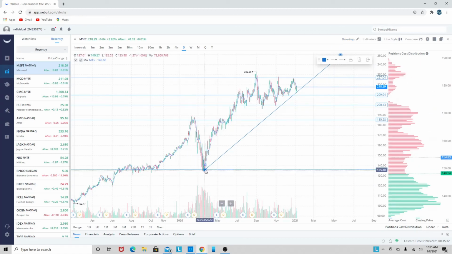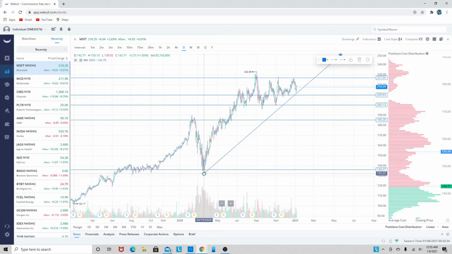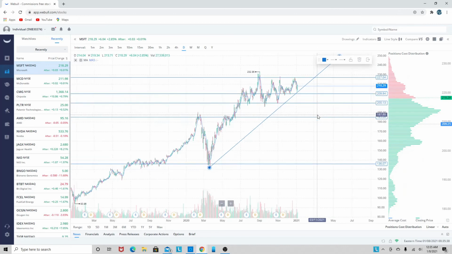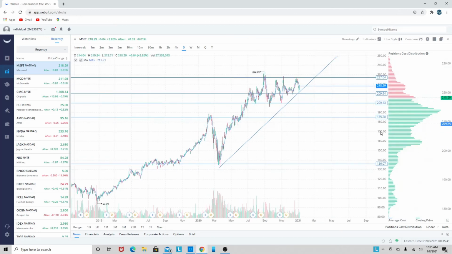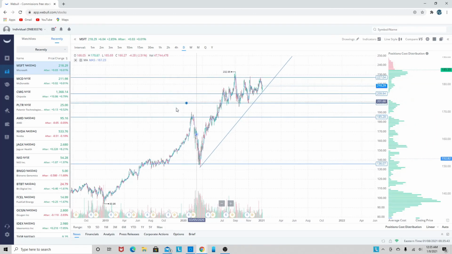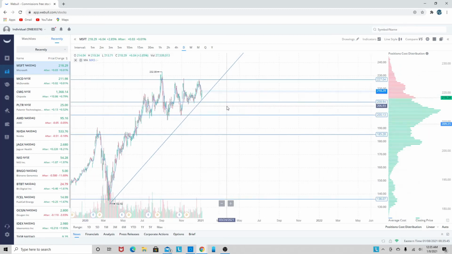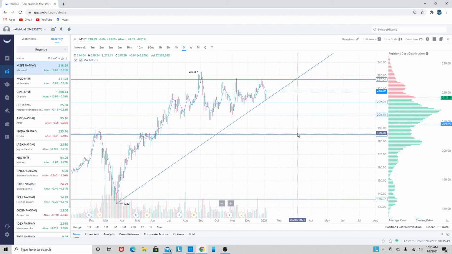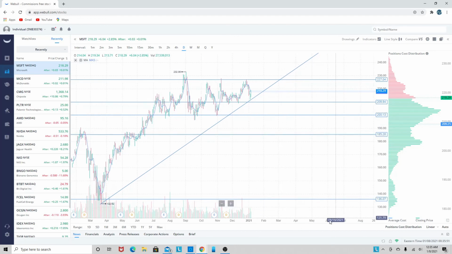So you see how I got my low here, I'll connect it down here, and then I'll connect my low at the upper candle, and that'll give me my trend line. So that's how you do a trend line right there. And that's the expectation of the stock. As you could see over here, in April, you should probably be hitting that 240 mark with this stock.